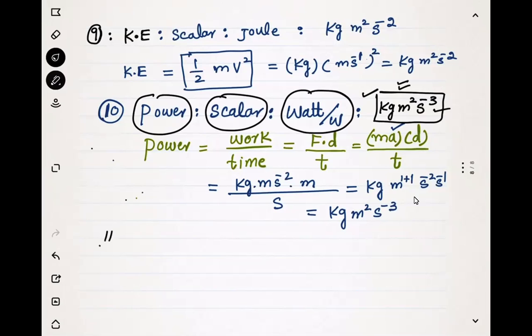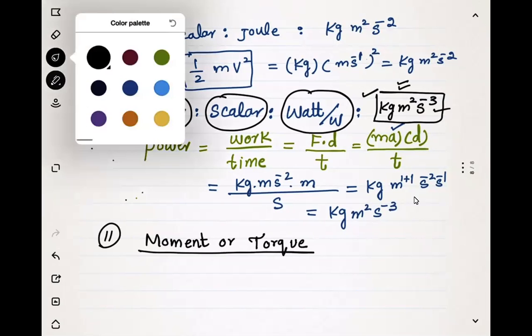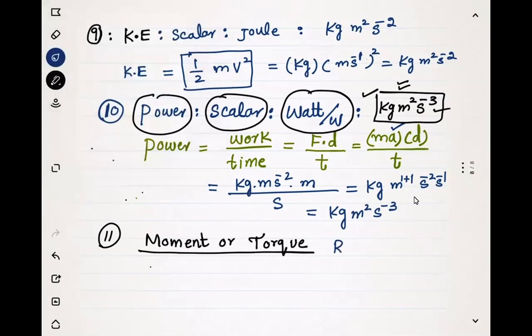Quantity number 11 is moment or torque. It is a rotating effect of force. It is the rotating effect, or I will say rotating acceleration basically.